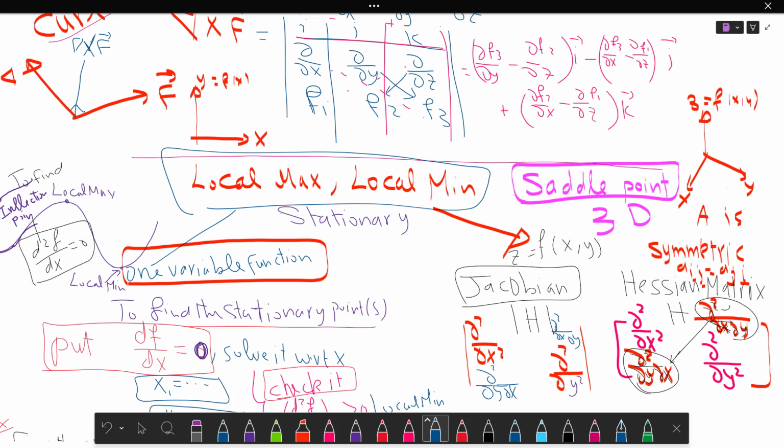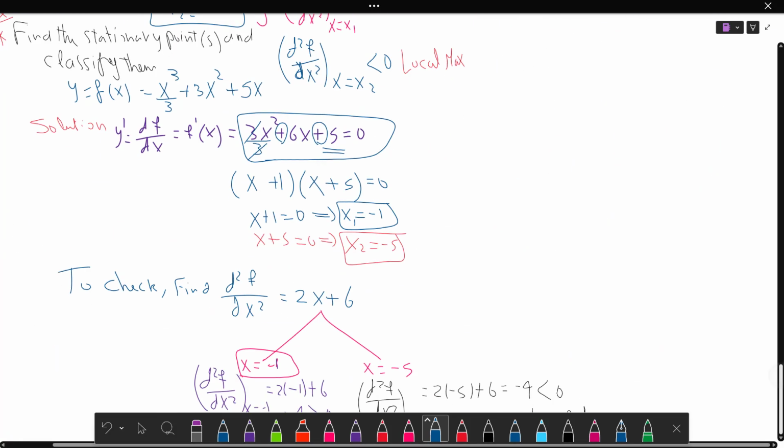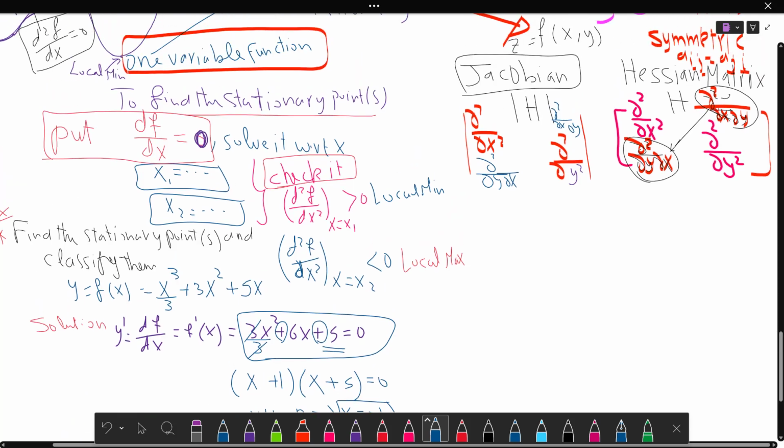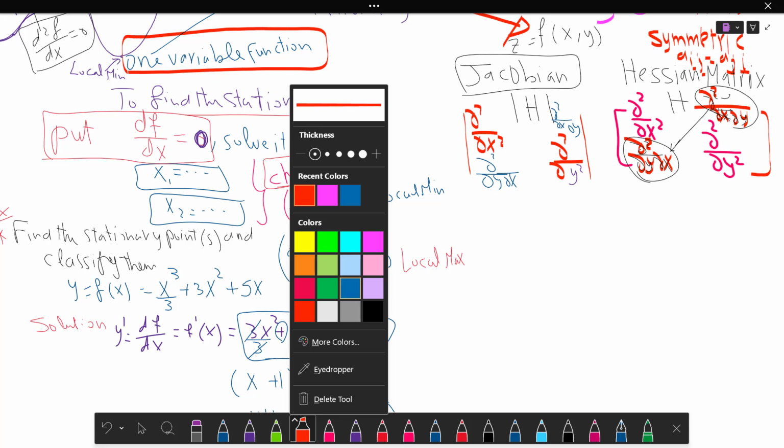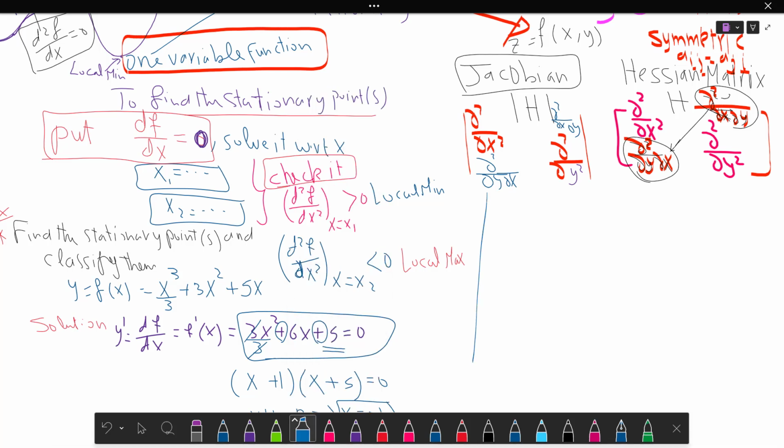Now, what is the link between the Hessian matrix and the Jacobian, and what we are talking about, the stationary point, right? We have to link them, right? So if the Hessian matrix is positive definite, this is a new definition here. What does it mean, positive definite? The determinant is positive, right?